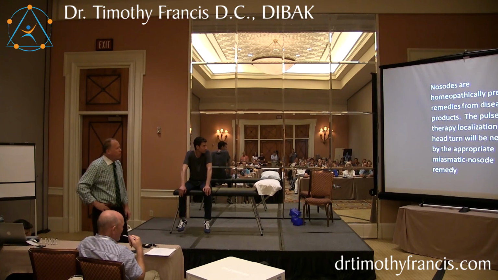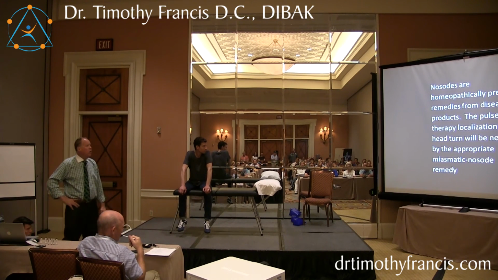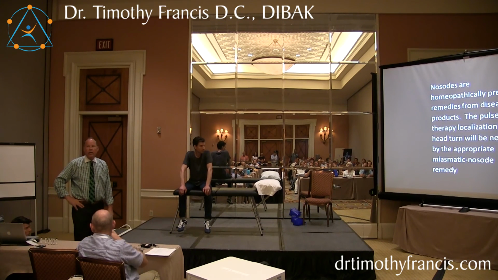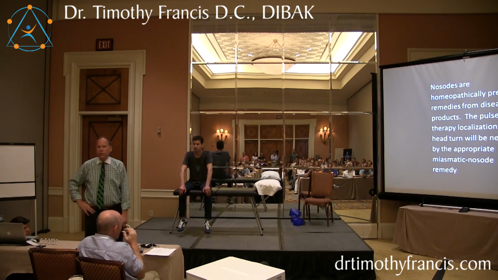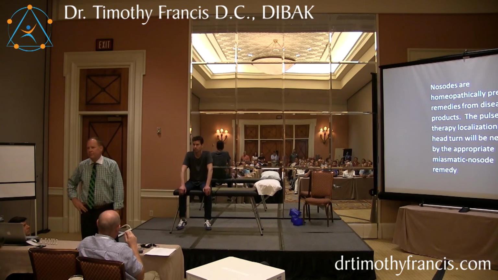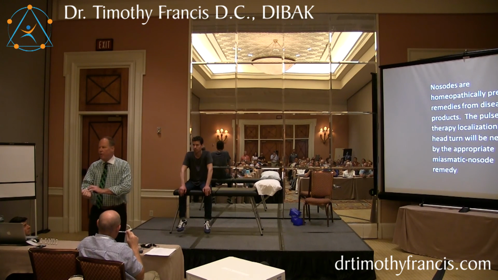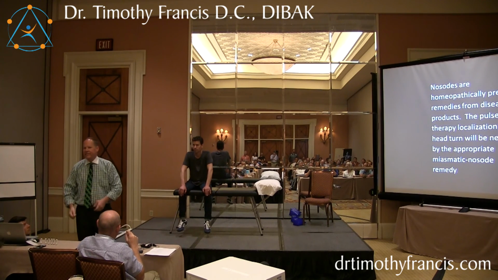The pulse point therapy localization with head turn will be negated by the appropriate miasmatic nosode remedy. Guess where all the divergent meridians exit? In the neck. That's why there is a positive pulse point with head turn. That's how you find it.